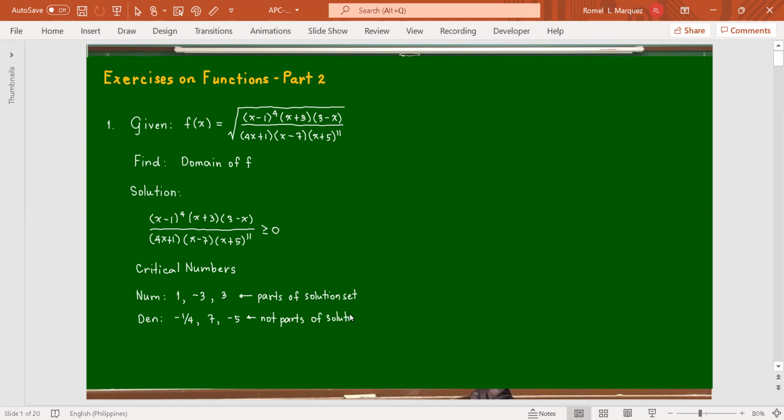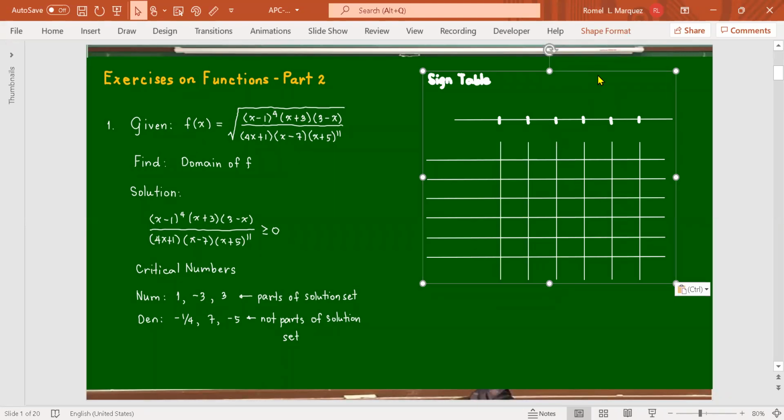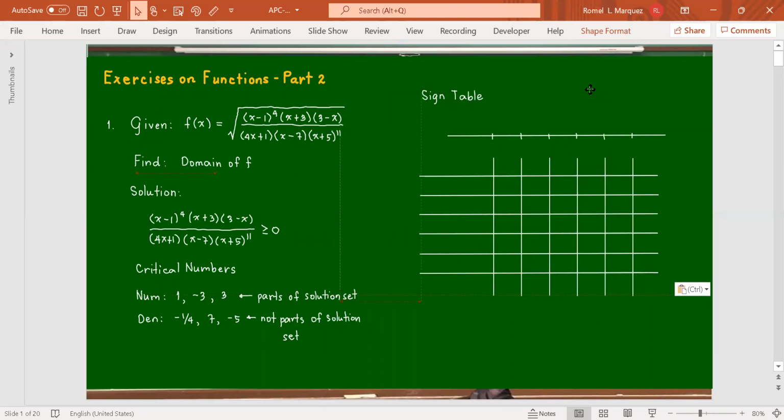Yes po. So then we're going to prepare a sign table or a sign chart to determine in what intervals the sign of each factor is negative. We're going to arrange these critical numbers on a number line.